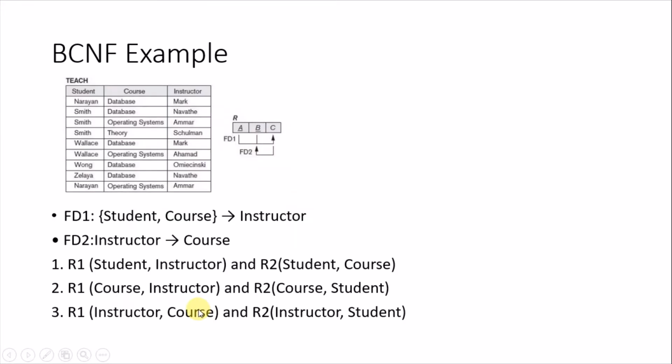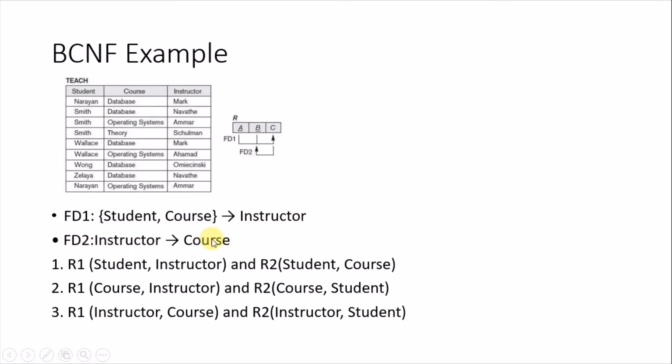Suppose student and course are the primary keys. Student, course to instructor is no problem, but instructor to course is actually a violation of BCNF.